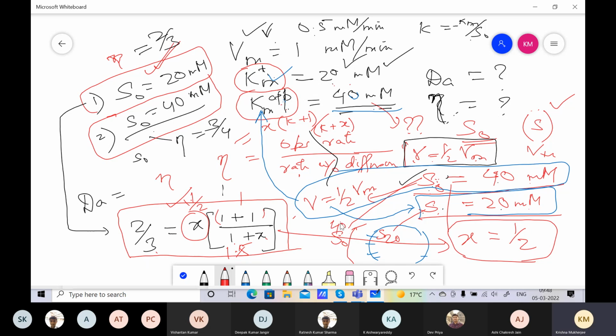But suppose outside is 20, what will it be inside? And suppose outside is 80, what will it be inside? And how does it match the Damkohler number? How do the x values change, and how do the efficiencies of reaction rate change as substrate concentration is increased or reduced? I want you to go back and solve these problems.